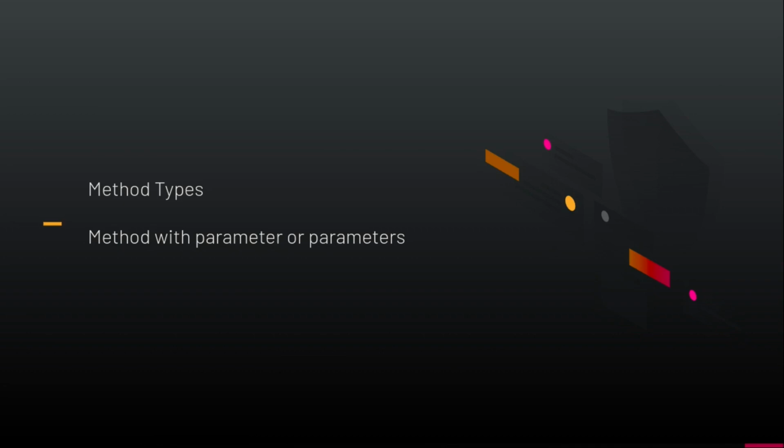You can have a method that has one parameter of a specific data type or parameters of specific data types. They can be the same types or different types. We'll discuss this when we get to the coding side. It will make sense. And then we have a method without any parameters, so with this one we don't have to worry about any parameters, right?